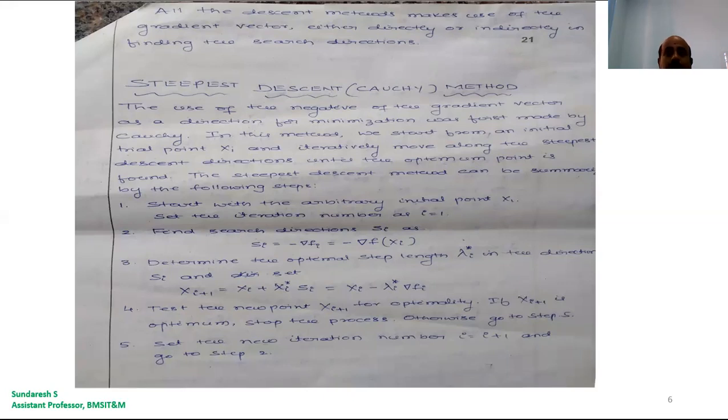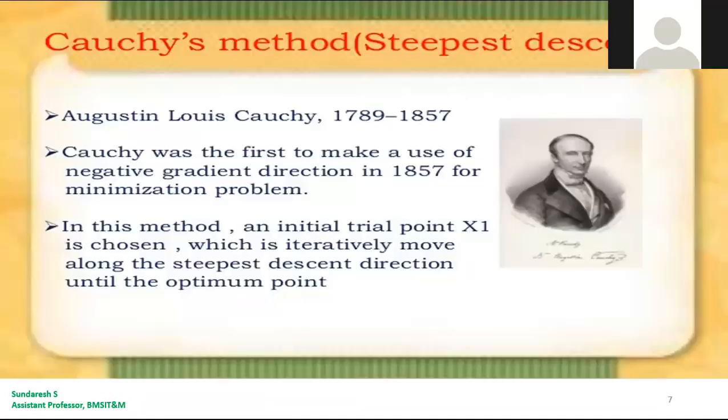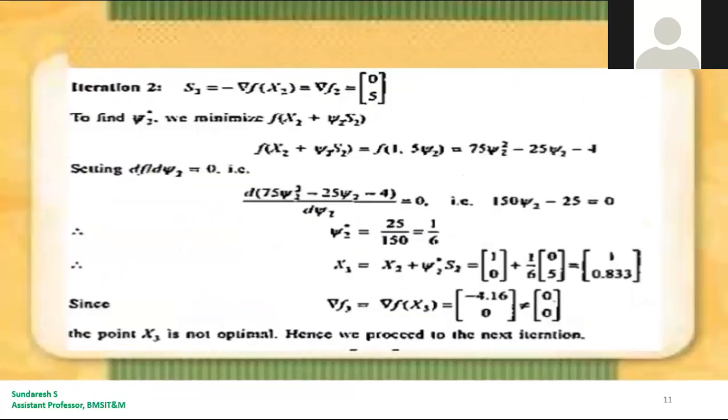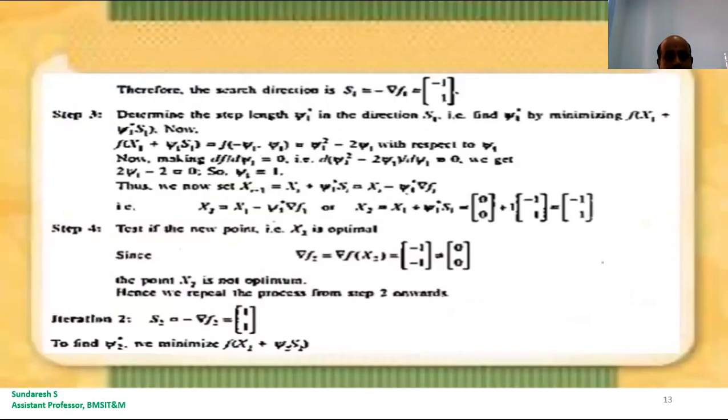Once optimality is satisfied, you can stop and take x(i+1) as the optimal point. These are the steps involved in the steepest descent method, or Cauchy's method. In the last class, I also started with one simple problem.